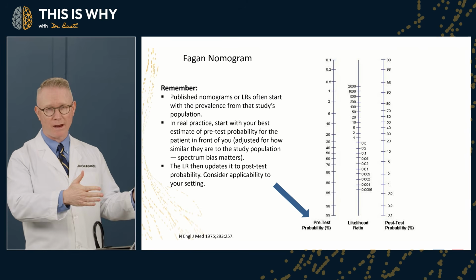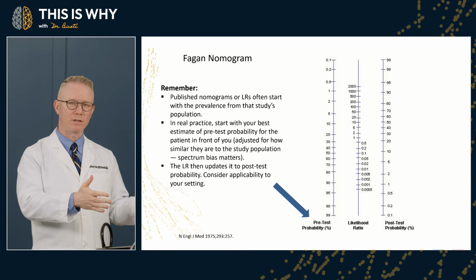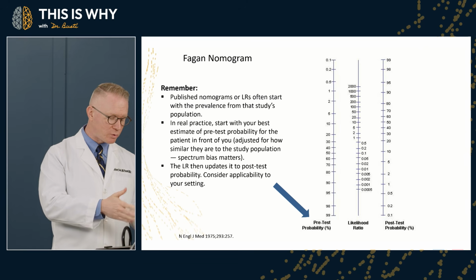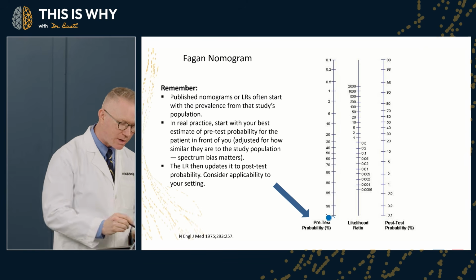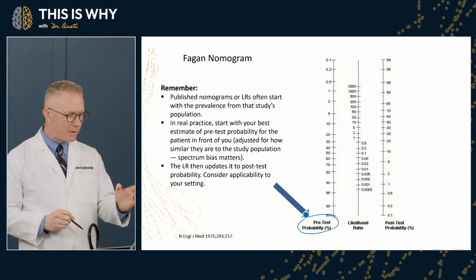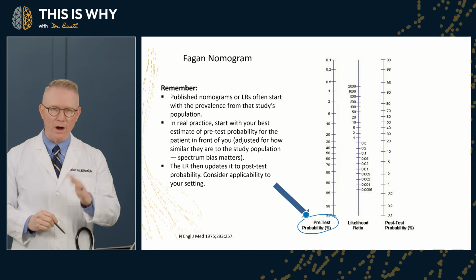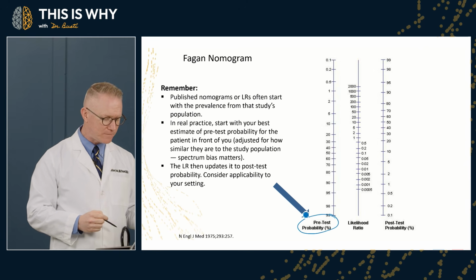And it might match that of the study if it looks like your patient population, right? But that's where you start. That's the pretest probability down here where this arrow is. Then in the middle, you see that there's a likelihood ratio. And then over on the far right is the post-test probability.